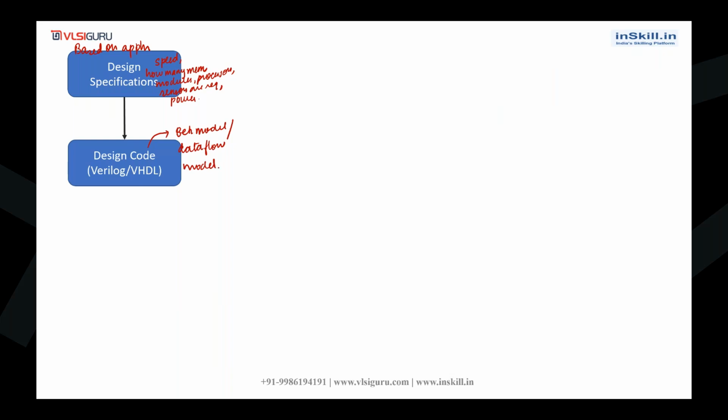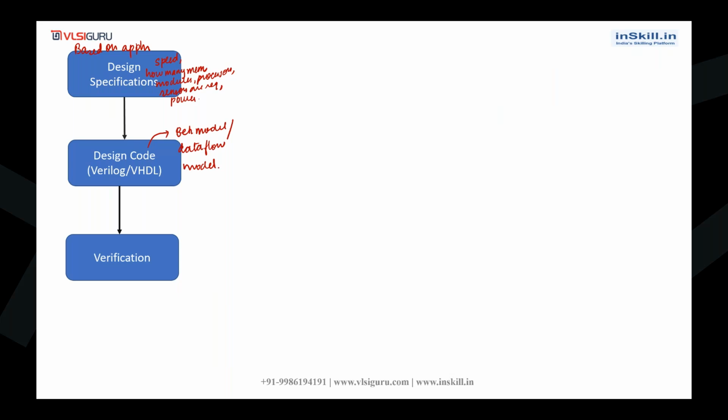So it will be done by the design team. They describe the functionality of the chip, they write the design code of the chip, which will be in a behavioral model or data flow level model. And after that, we have the verification team.